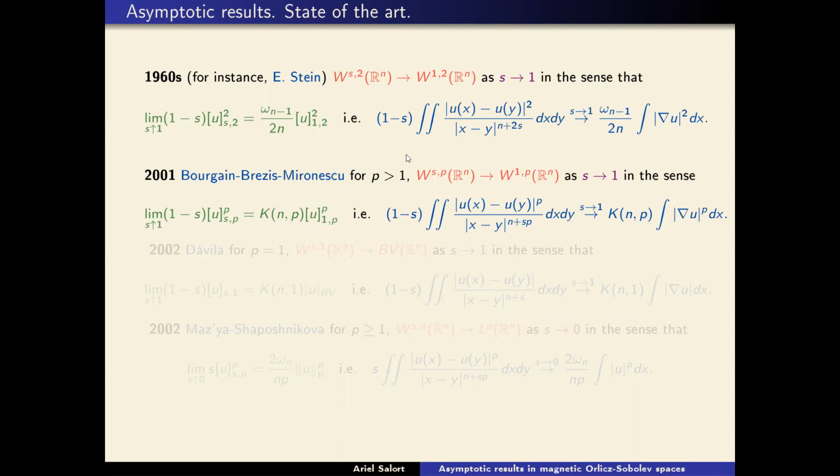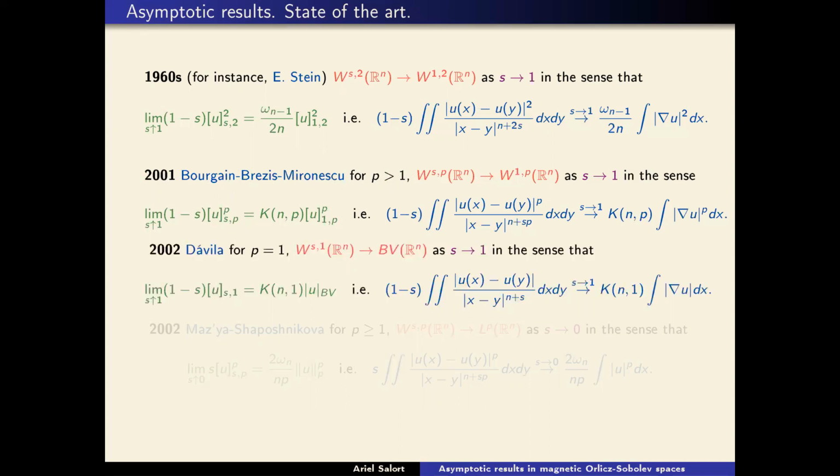The convergence of the space W^{s,p} to W^{1,p}, for any p bigger than 1, was proven in 2001 by Bourgain, Brezis, and Mironescu in a very famous paper. The convergence is in the same sense. If you take the seminorm to the p times 1 minus s, this converges to the seminorm of the limit space up to some constant.